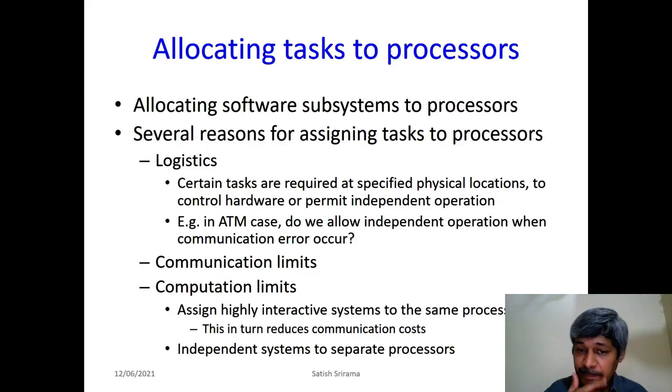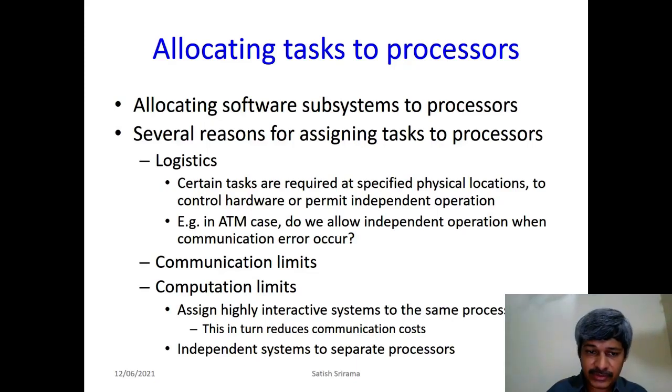What happens if there is a communication error in the middle of the transaction? How do you deal with this? There can be several ways of handling it. You can very simply say that if a communication error happens in the middle of the transaction, you cancel it.